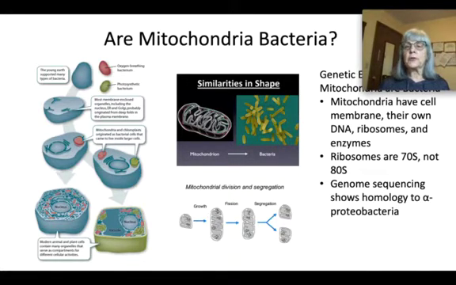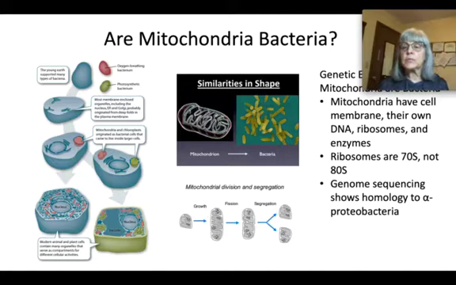And it's more than speculation. The conclusion they've come to is that it was bacterial in origin because with all this wonderful technology and research, it's been determined that mitochondria, along with chloroplasts, do have a cell membrane.